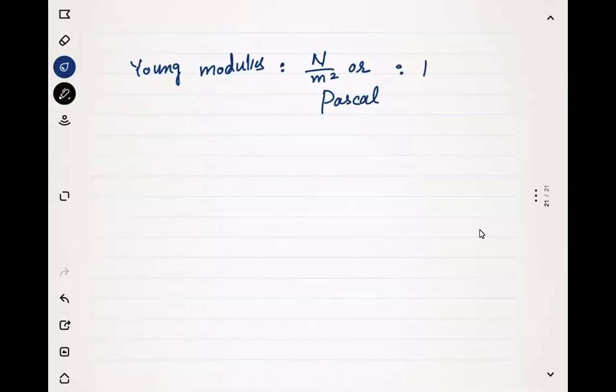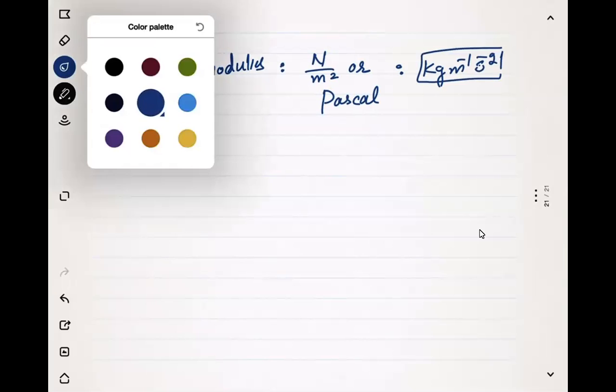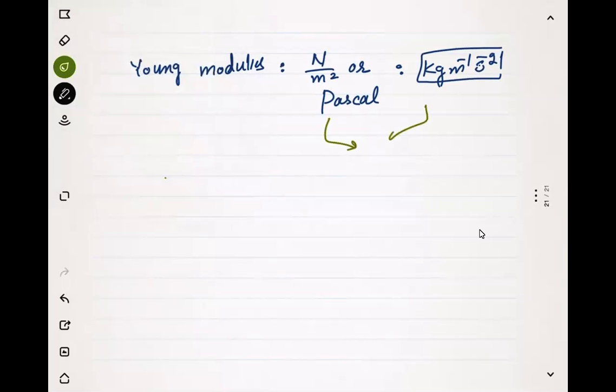So we must say that Young modulus will have the same units as stress. Its unit will be Newton per meter square or Pascal. And its base unit is kilogram, meter minus 1, and second minus 2, same as pressure. So its unit and base unit is the same as pressure.